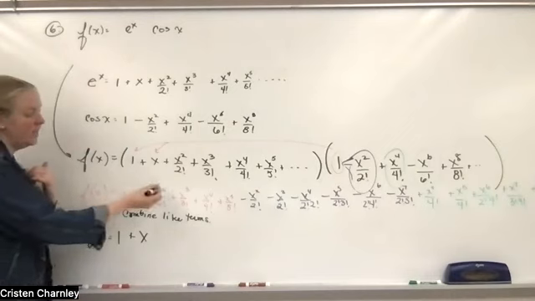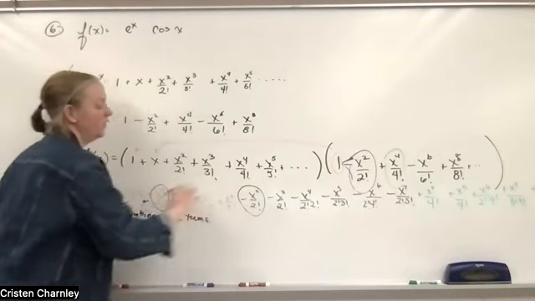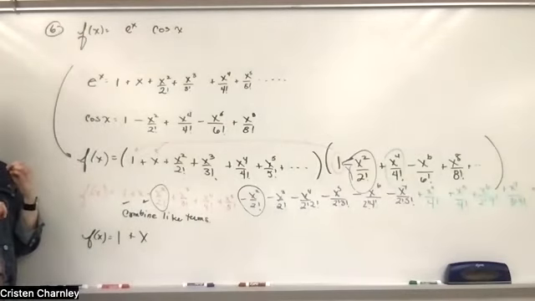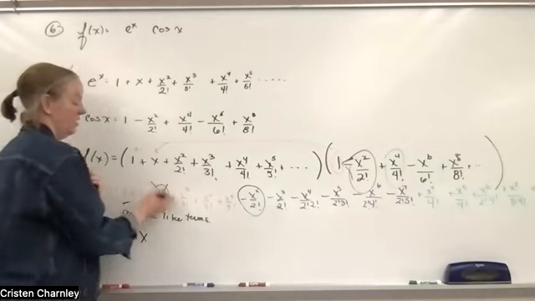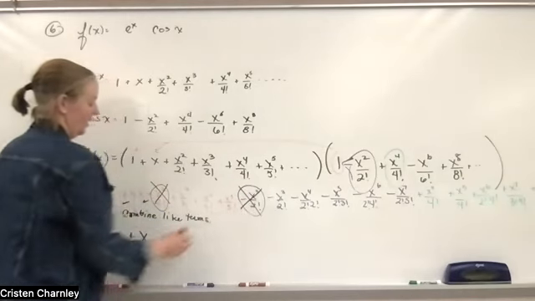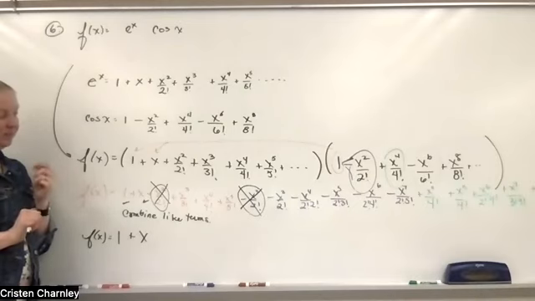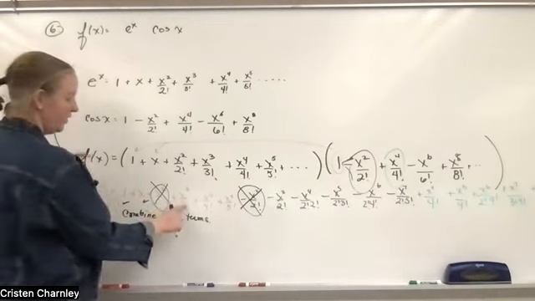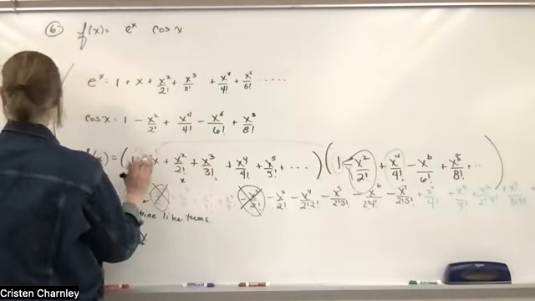X squared. So I see an x squared here, but I see negative x squared over 2 factorial there. So what's going to happen with those two particular terms? They cancel. No. So that's a big old 0. So what's after x squared? X cubed. We have 2 x cubes. Really?